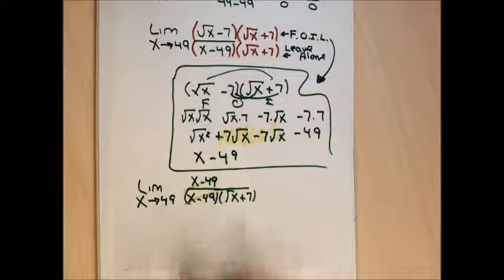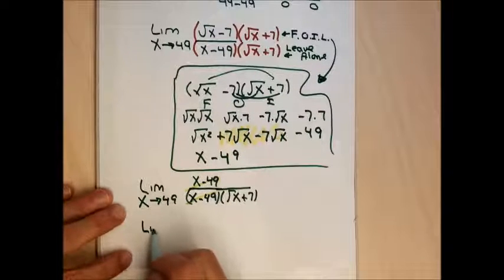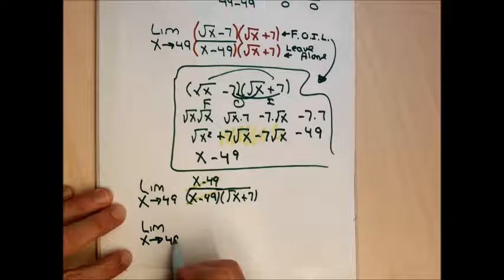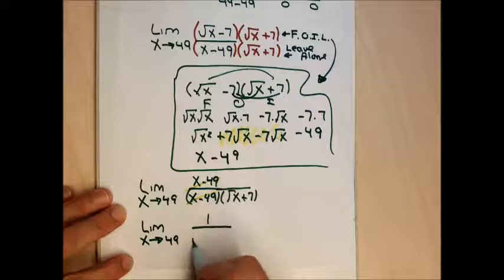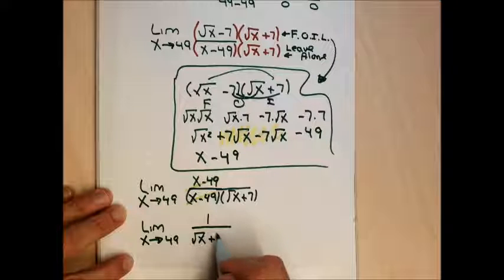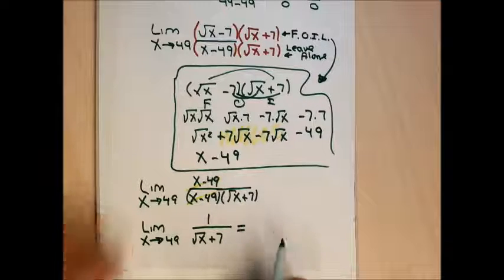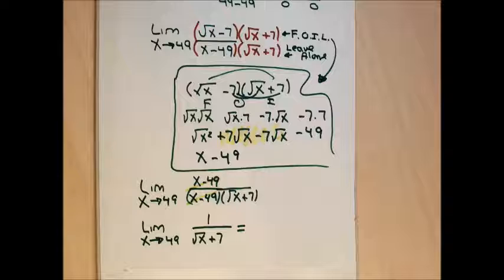And when the x minus 49s cancel, I have to leave a 1 behind in the numerator because I can't write a fraction without a numerator. In the denominator, I've canceled the x minus 49, but I haven't done anything with the square root of x plus 7. I'm going to leave the square root of x plus 7 in the denominator, but I'm going to take it out of the parentheses because I no longer have factoring in the denominator.